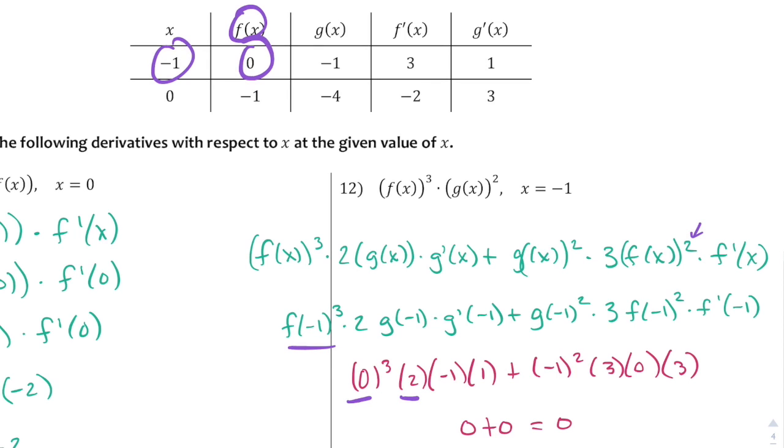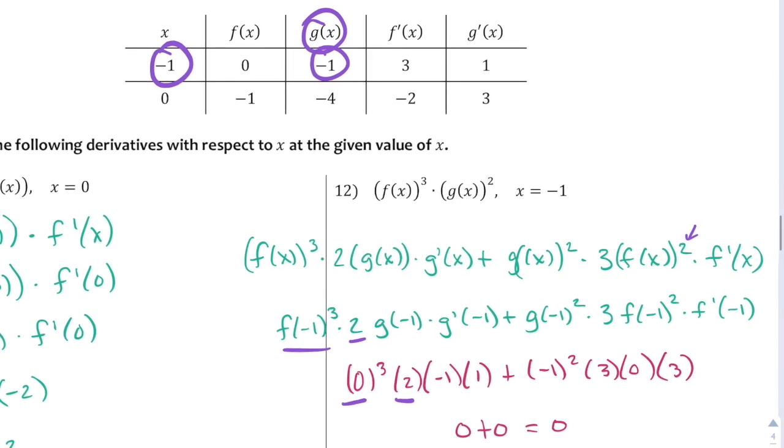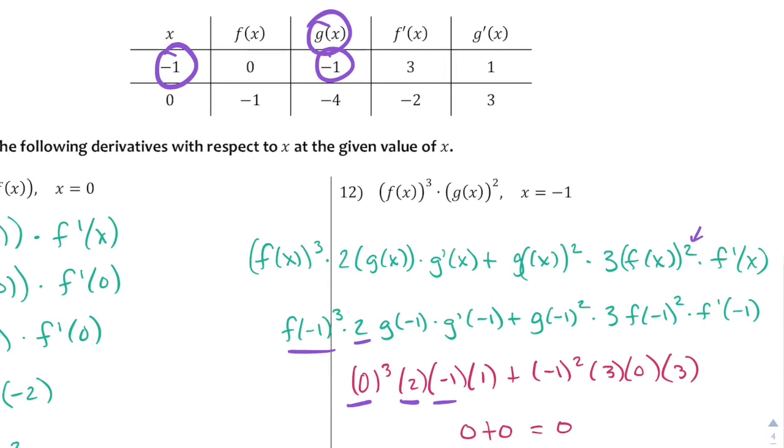Times 2, g of -1. So g of -1 is -1 times -1. And then g prime of -1 is 1. 0 times anything is 0, so that was easy.